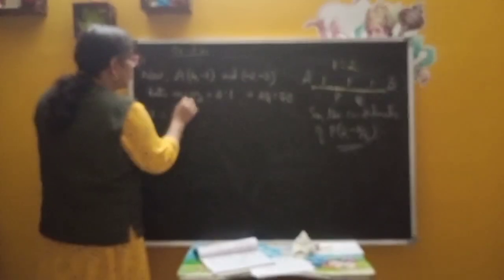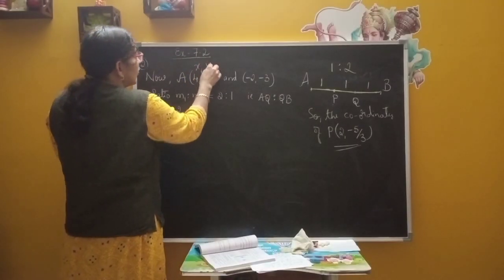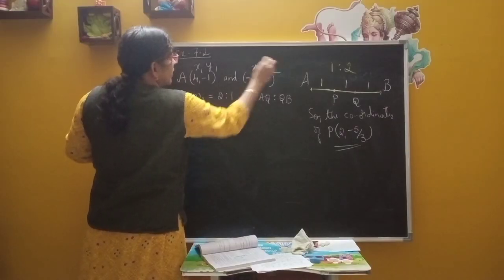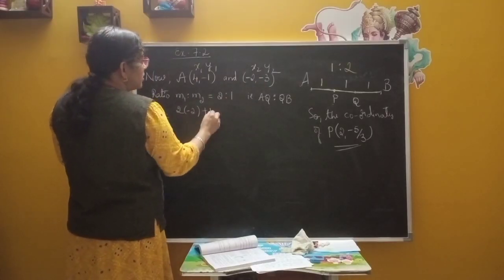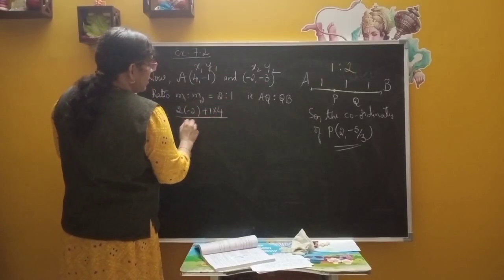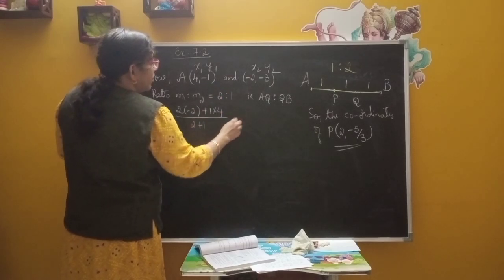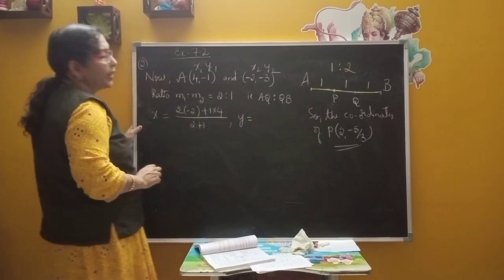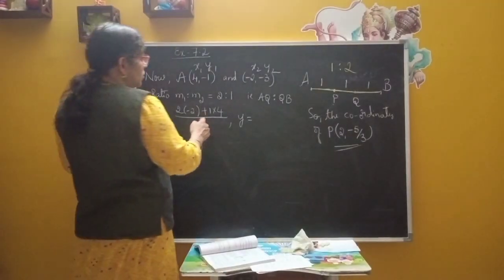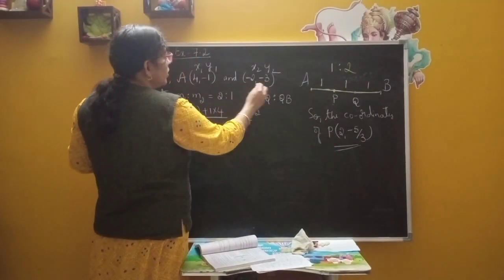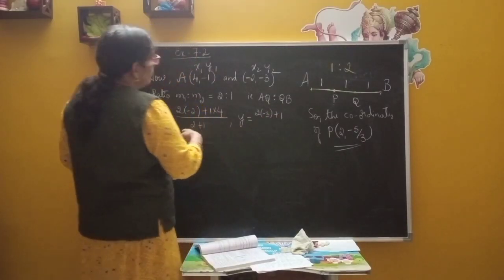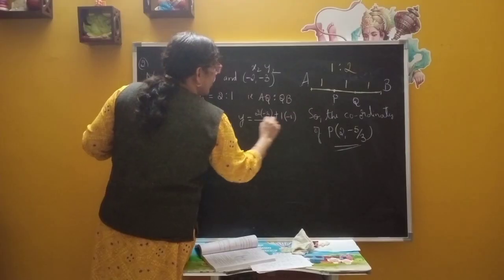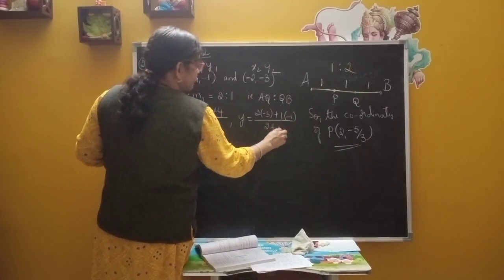So m1 is 2 now: 2 into x2 which is -2, plus m2 is 1 into x1 which is 4, by 2 plus 1. And for the y coordinate, (m1 y2 plus m2 y1) by (2 plus 1): m1 is 2, y2 is -3, plus m2 is 1, y1 is -1, by 2 plus 1.